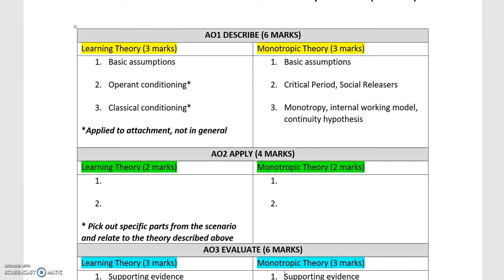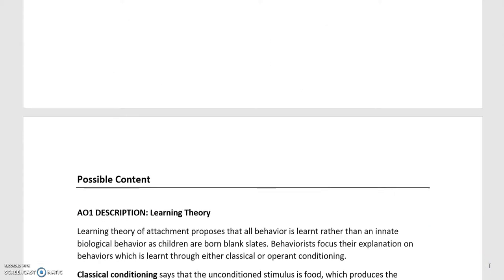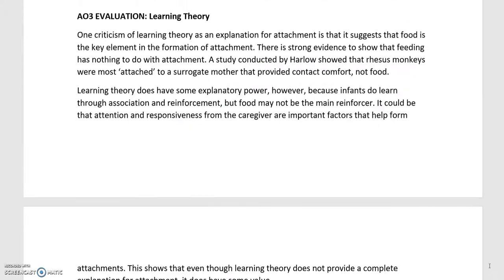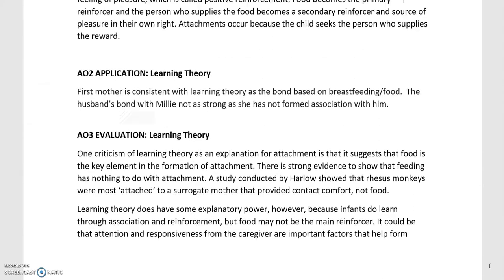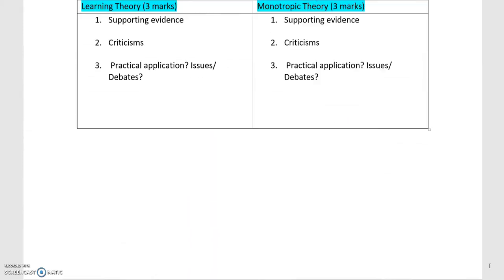So you can describe for learning theory and then describe for monotropic, apply for one, then apply for the other, and evaluate for one and evaluate for the other. So organisationally, you can do either. It doesn't really matter for the examiner, just as long as it's clear. The example answer that I will have provided for you, at the end of the document, actually does all of one theory first and then the second theory after that. We'll come back to that example answer in a moment.